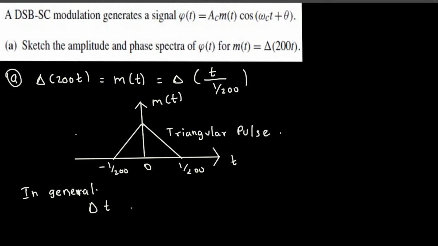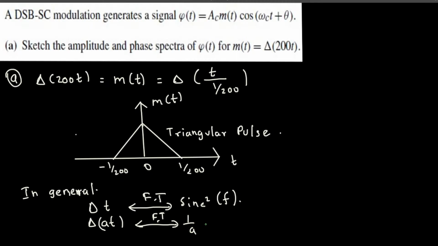The Fourier transform of triangular t is sinc square of f in the frequency domain, and the Fourier transform of triangular at is 1 over a sinc square of f over a. This is a scaling property.